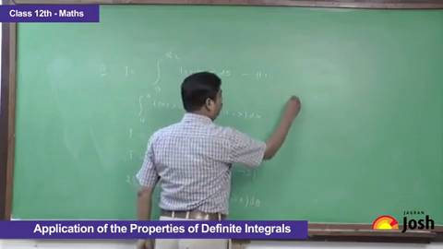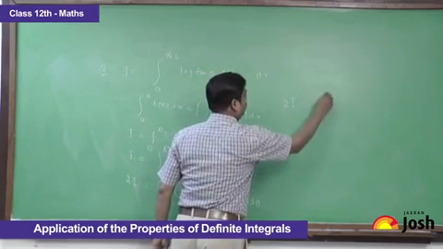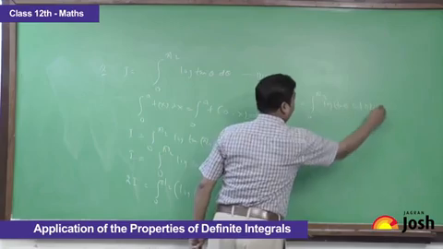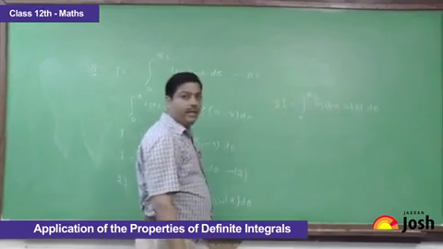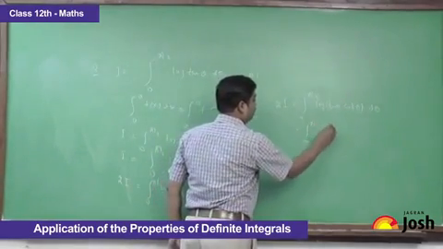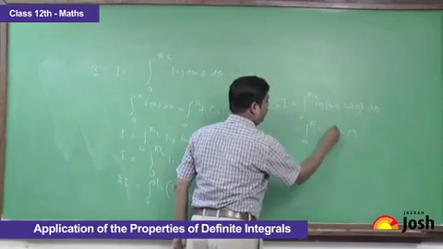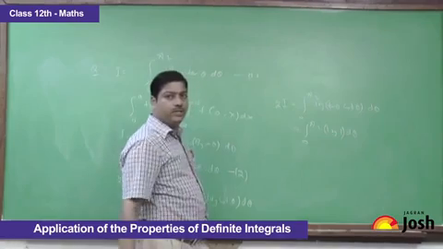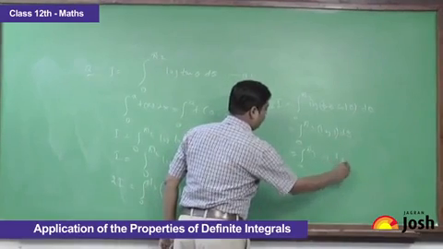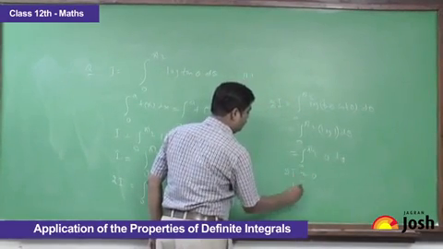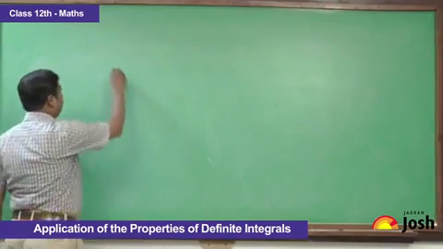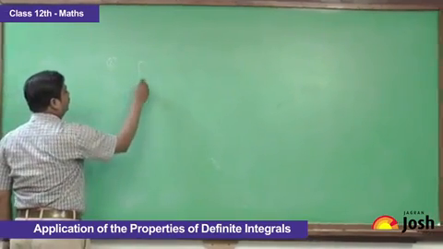So we get 2I is equal to integral 0 to pi by 2 of log(tan theta cot theta) d theta. We know that tan and cot are reciprocal to each other. So this becomes integral 0 to pi by 2 of log 1 d theta. Also we know that log 1 is 0. So this becomes integral 0 to pi by 2 of 0 d theta, which is 0, and hence the integral I comes out to be 0. Take another example. Question number 3.